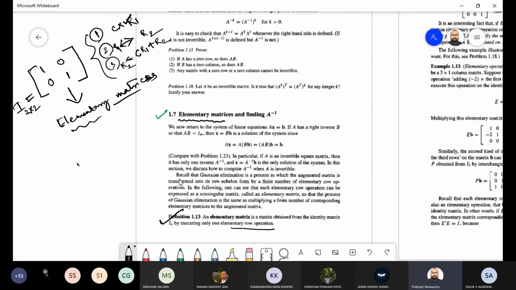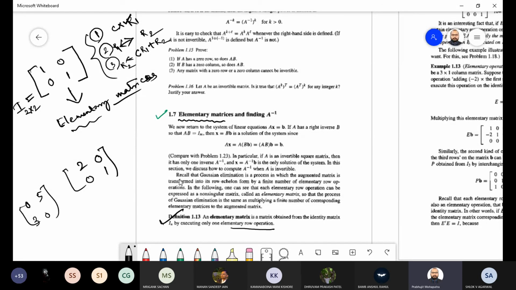For example, 2 0 0 1. Is it an elementary matrix or not? This is an elementary matrix because you have multiplied the first row by 2. You can also interchange two rows, and write 0 1 1 0. That is also an elementary matrix. Any operation gives elementary matrices.